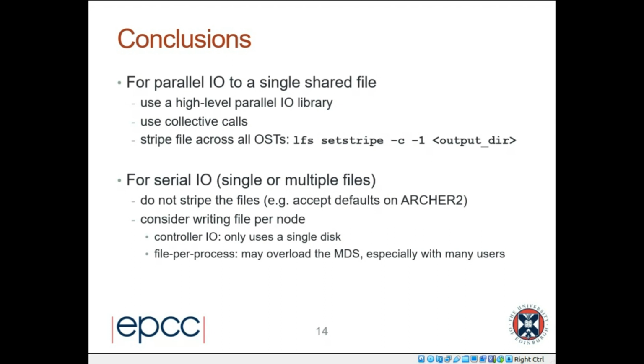You may be able to improve your I/O performance by a factor of 12 by typing one command. lfs setstripe -c -1 output directory may increase your I/O performance by more than an order of magnitude. That's definitely something to try. However, for serial I/O, if you're writing lots of files or using just normal I/O routines, i.e. not a parallel I/O library, but just fwrite or Fortran write, it's probably not worth striping the files. It's probably not going to help you.